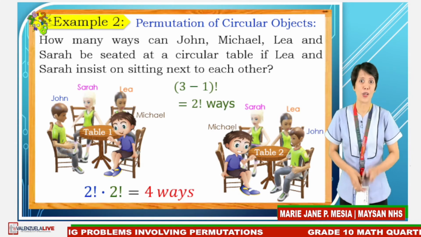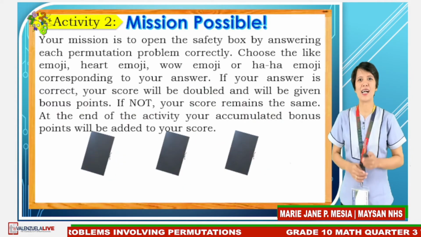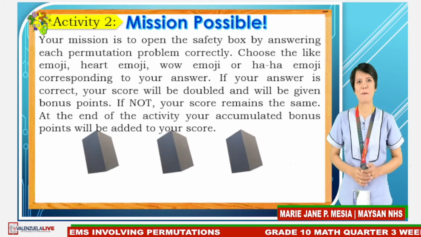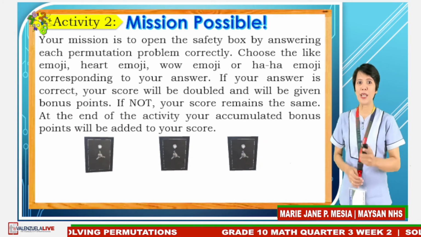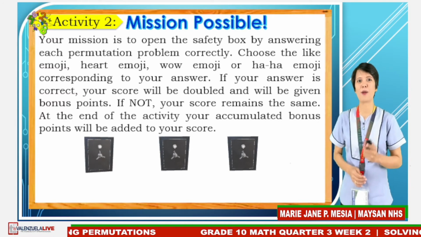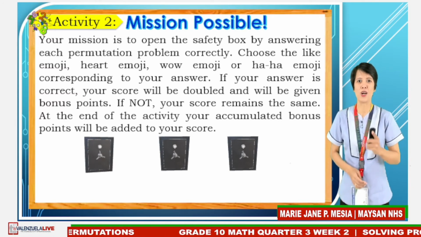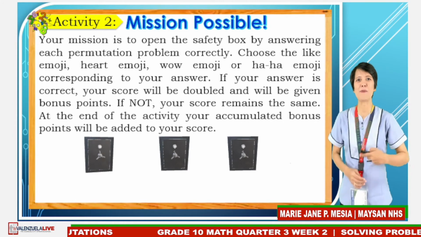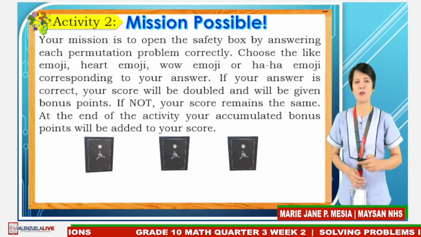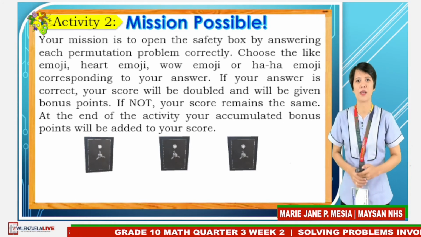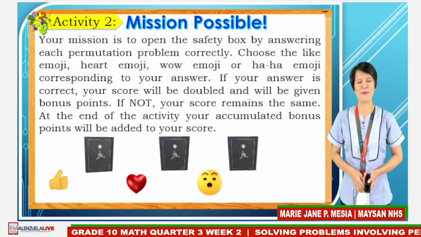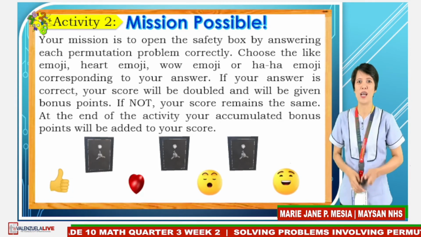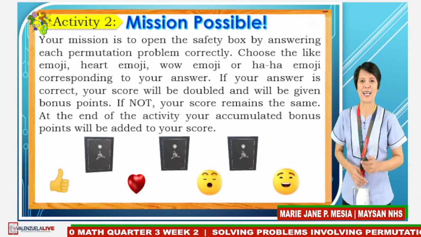Now, your turn. So let us answer the activity Mission Possible. Before we start with your mission, be ready with the score that you get from the activity What's In. Your mission is to open the safety box by answering each permutation problem correctly. Choose the like emoji, heart emoji, wow emoji, or haha emoji, corresponding to your answer.